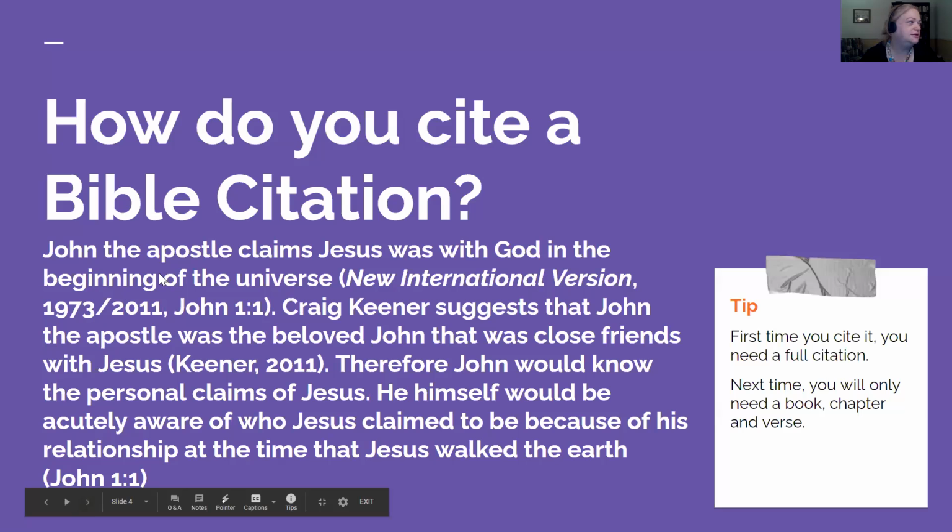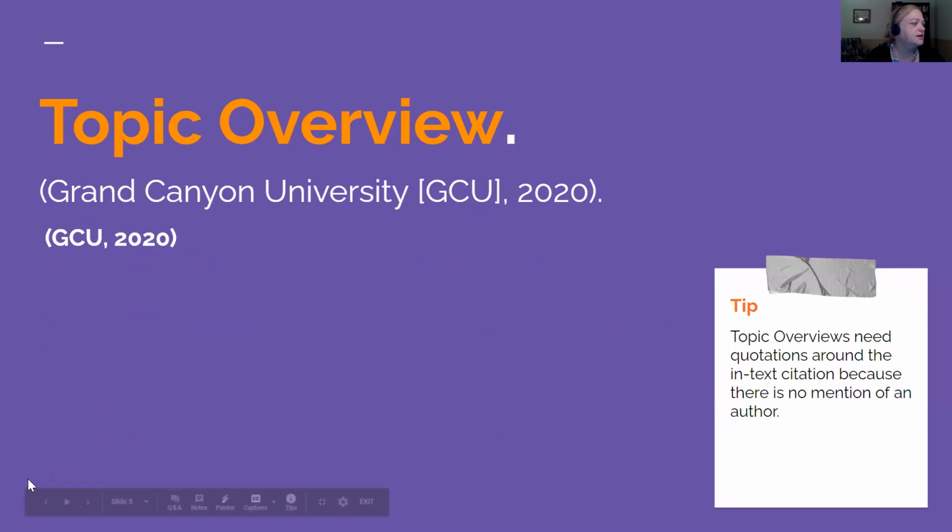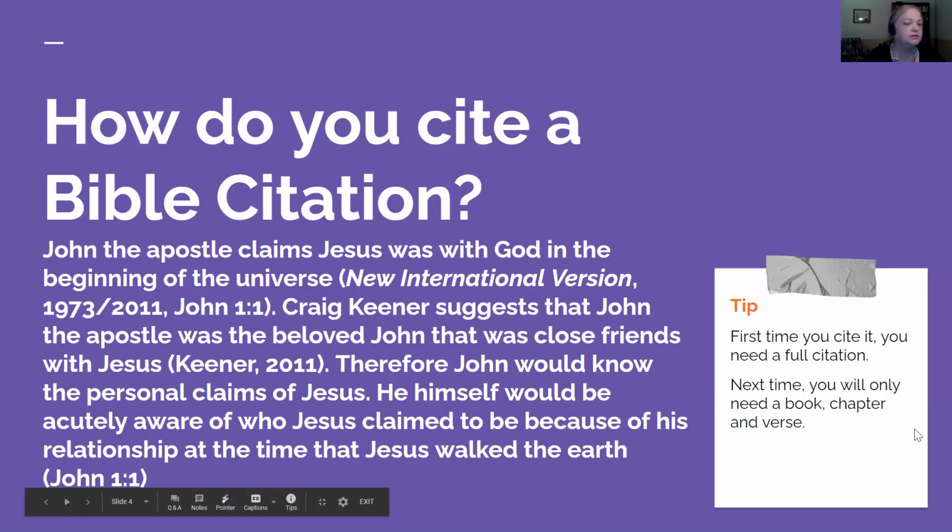So let me go back to our original slides. And how do you cite a Bible citation? Let's put this into practice. Okay. John the Apostle claims Jesus was with God in the beginning of the universe. Let me go back here.